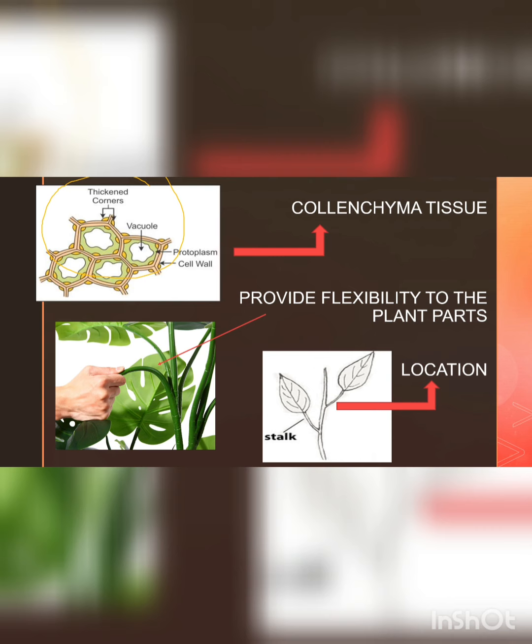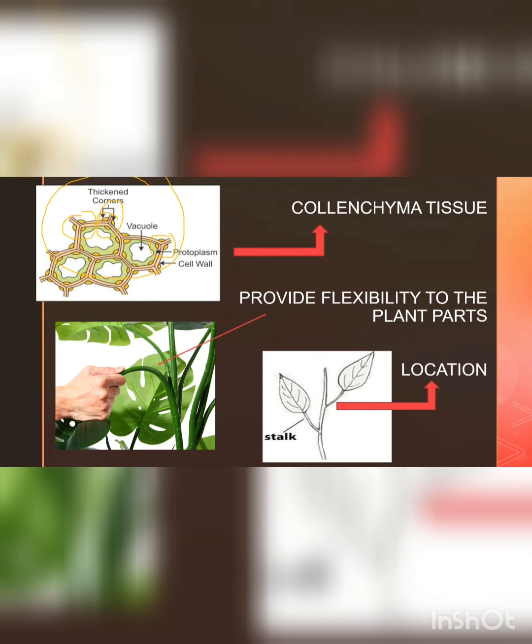First of all, it is a living tissue, remember that. And secondly, it is elongated and has irregular thickened corners. You see this yellow color, the yellow thickenings present in the corners. These are the thickenings which will help in providing easy bending for the plant.